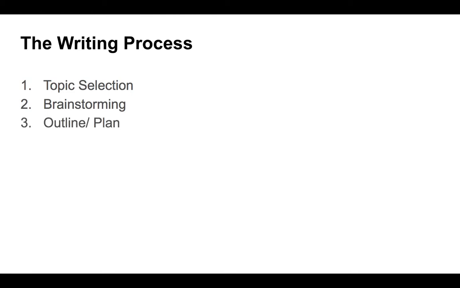So then we move into step number 3. This is the official outlining phase or the planning phase of your essay. You should be thinking about how many paragraphs you want here, what each paragraph will discuss. Within your introductory paragraph, you're going to want to have a hook sentence that draws the reader in, 2 to 3 background sentences that set the scene, and then your thesis statement. Thesis statements have 2 parts.